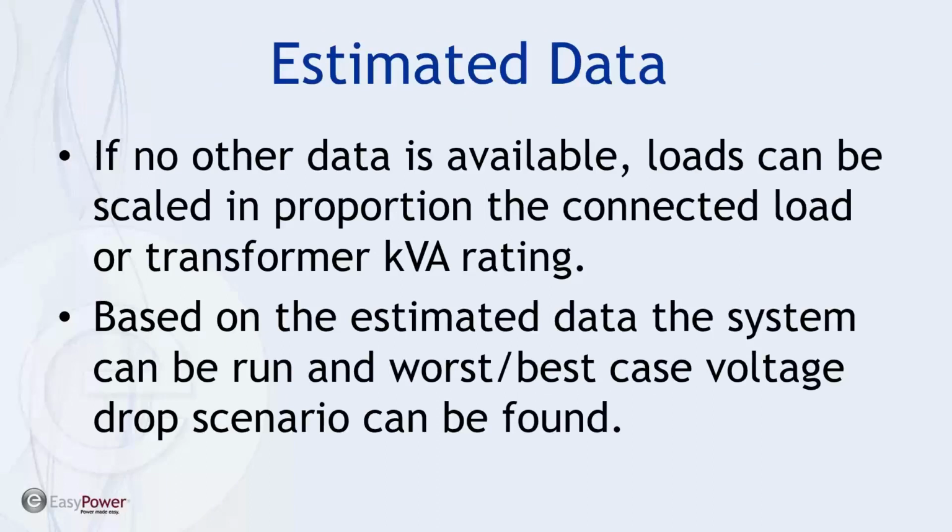Now, if no other data is available, you can scale the connected loads based upon an estimate of what their running capacity is, and/or the transformer rating that the system's set up for.